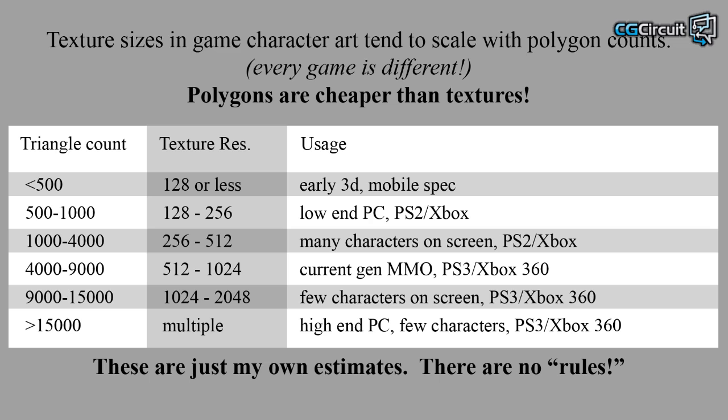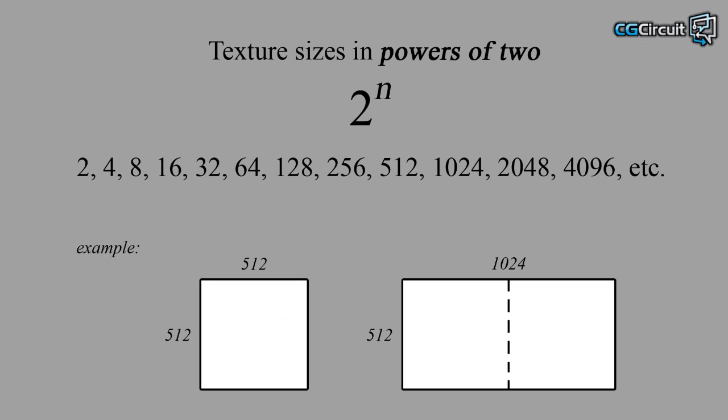Normally, you want to stick to texture sizes that are power of 2. Powers of 2 are common in computer use because a lot of the science behind it is based off of binary systems. Basically, this means that your textures will tend to be sized in these increments.